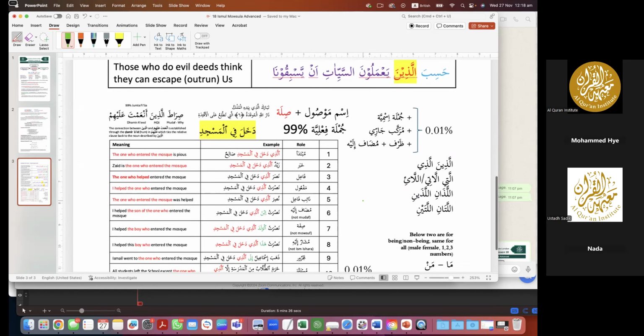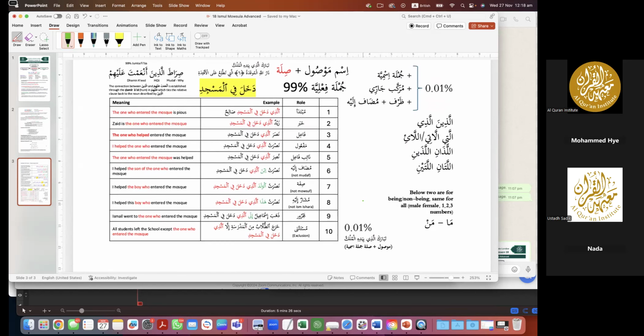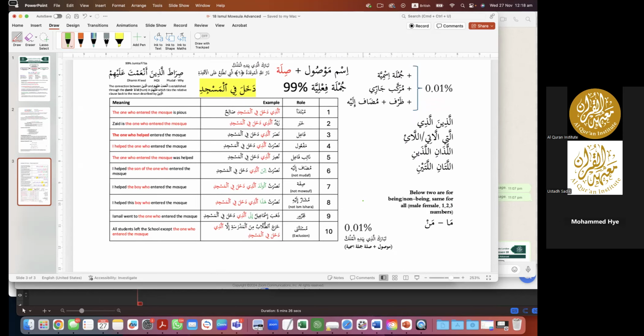Okay, let's carry on. Sorry, let me just clarify. This is part of breaking up sentences within a verse. Within Silatul Mawsul, we are talking about Silatul Mawsul being 99.99% Jumlatul Fi'liya.